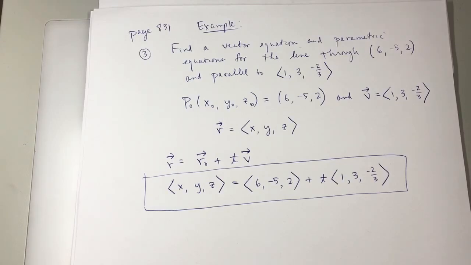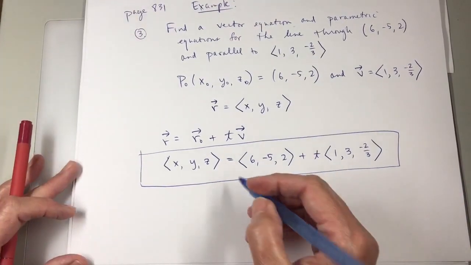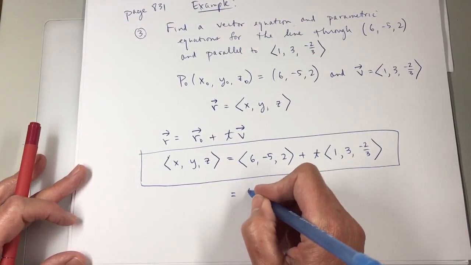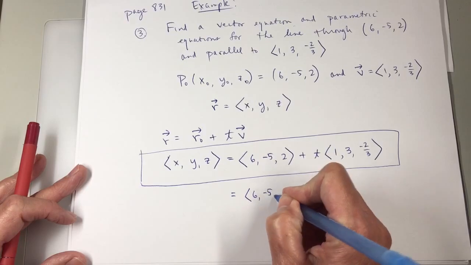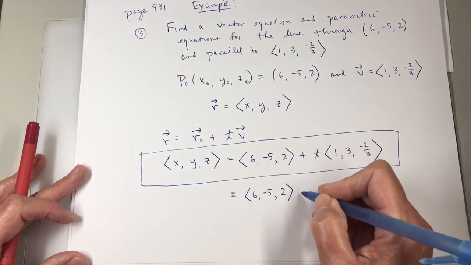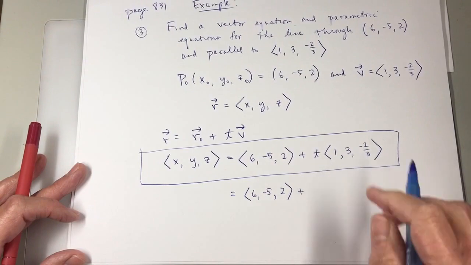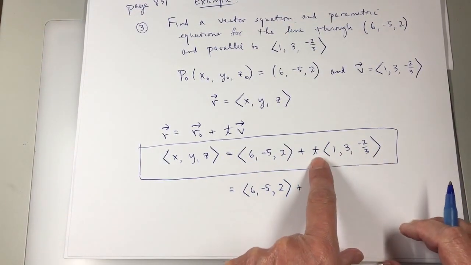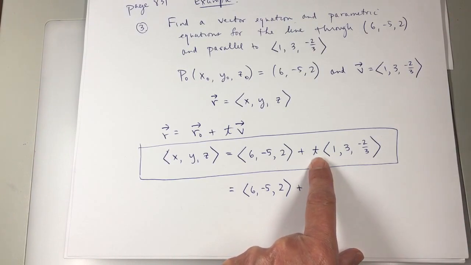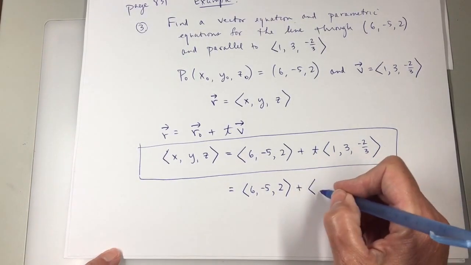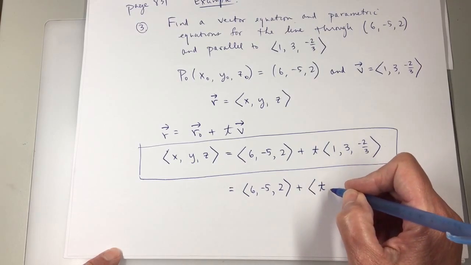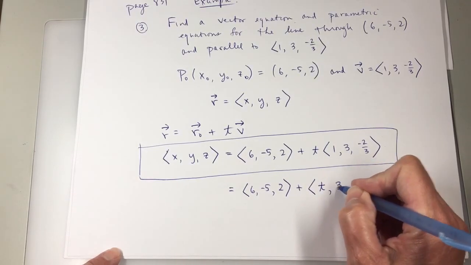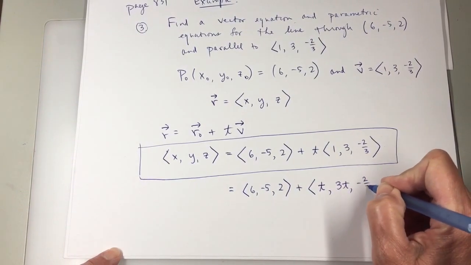And then for the parametric equation, I usually just start simplifying this. I don't know if simplify is quite the right word, but I'll start carrying out whatever arithmetic I can carry out. What do I do? t times this vector. t is a scalar. So I multiply t inside of that vector. t times 1 is t, 3t, negative 2/3 t.